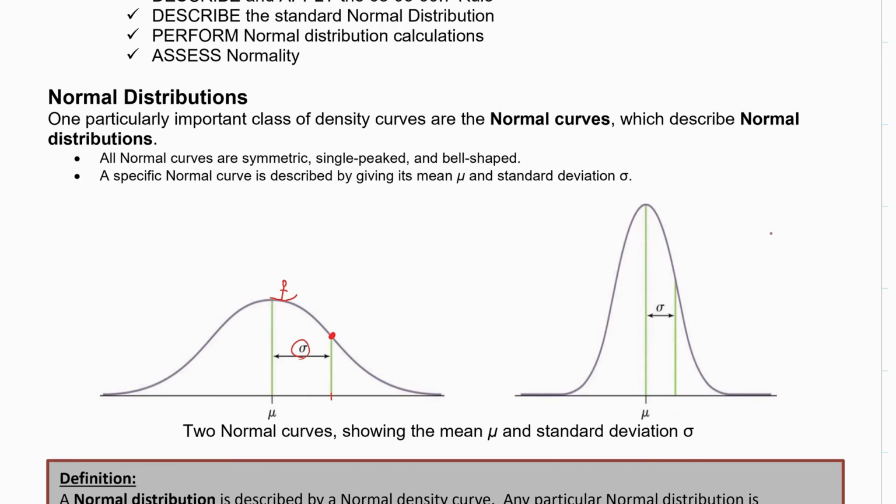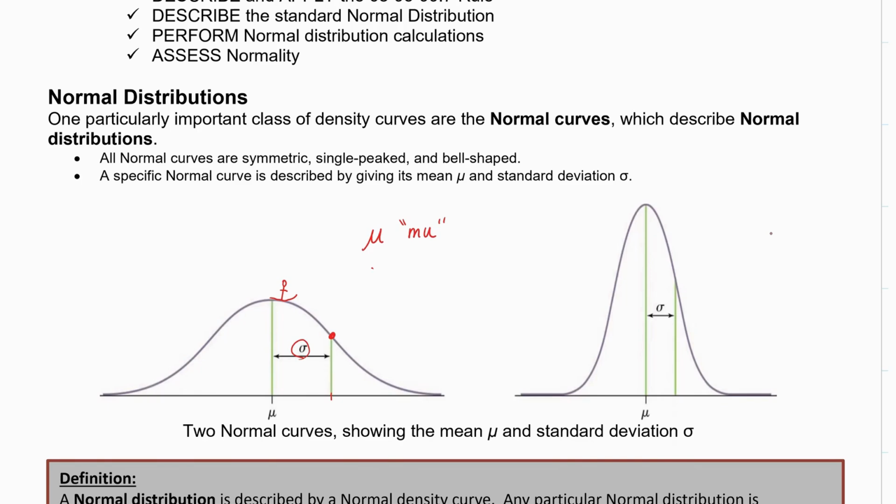It seems strange, but we are going to talk about some new symbols here. We're going to use the lowercase Greek letter mu, spelled m-u, as our symbol for the mean of these normal distributions.